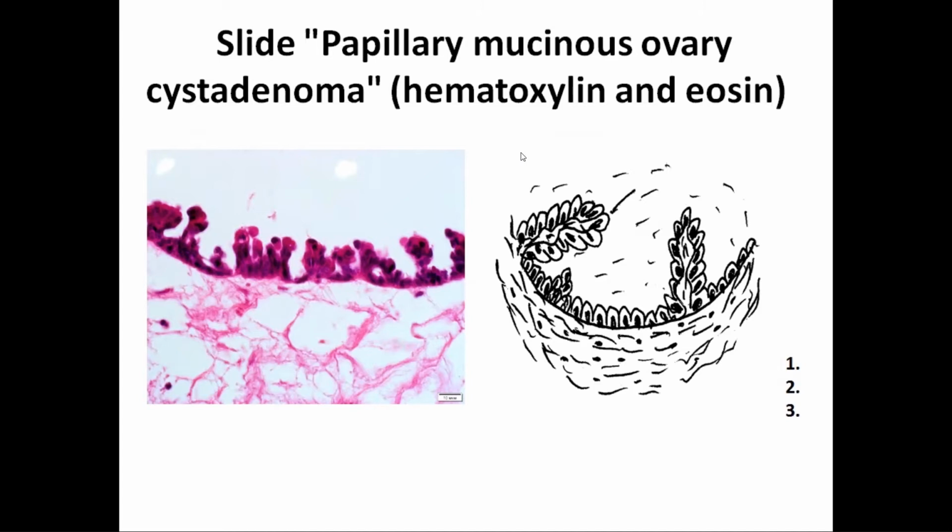Stasis of secretion leads to development of numerous chambers. In the slide, number 1, epithelial surface of tumor and capsule. This is capsule. This is surface.